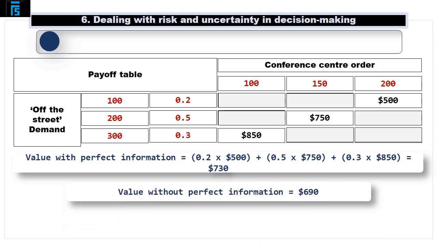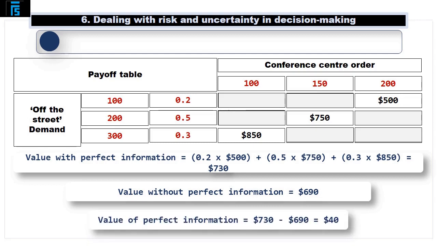The value with no such information was simply the expected value he had calculated before the mysterious phone call, which was $690. The value of the perfect information is therefore 730 less 690, which is $40. Provided he can purchase the information for less than $40, he will be improving his overall outcome by doing so.